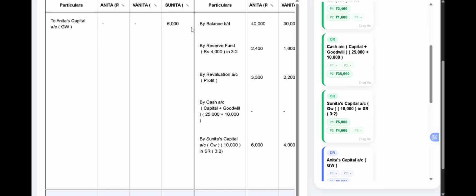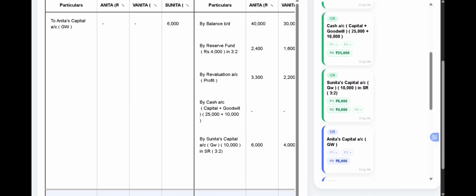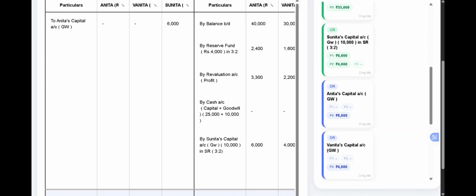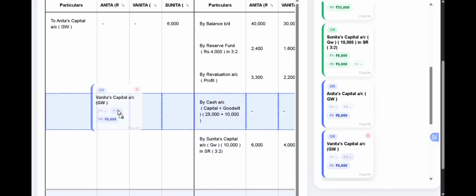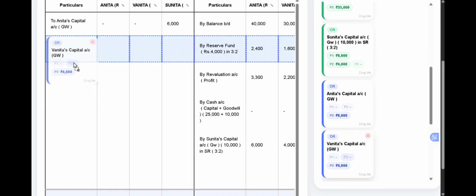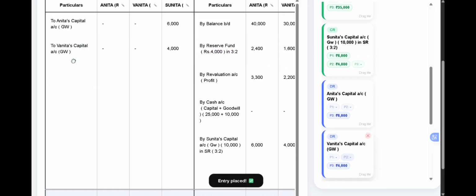So 6,000 rupees we are deducting from Sunita's account, and also it is given to Vanita, written on the debit side as to Vanita's capital account. The goodwill amount which is given by Sunita is 4,000. So we are deducting 10,000 from Sunita's account.